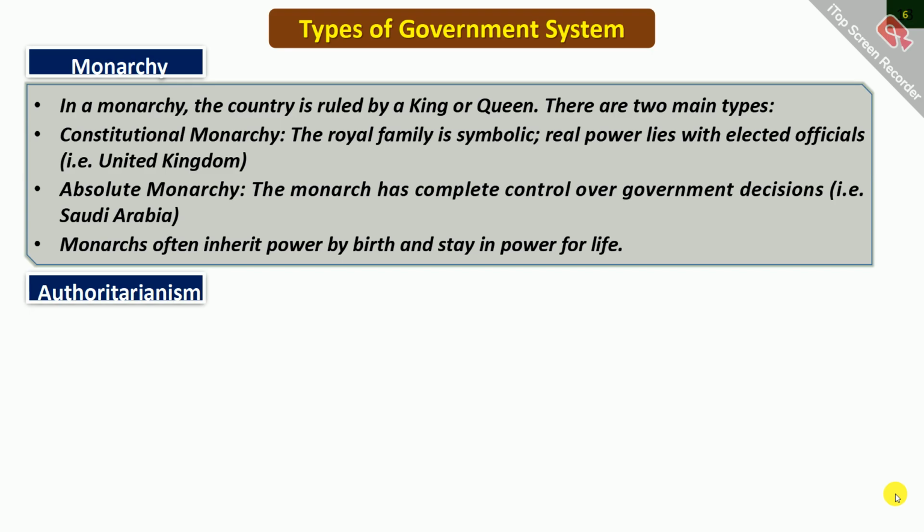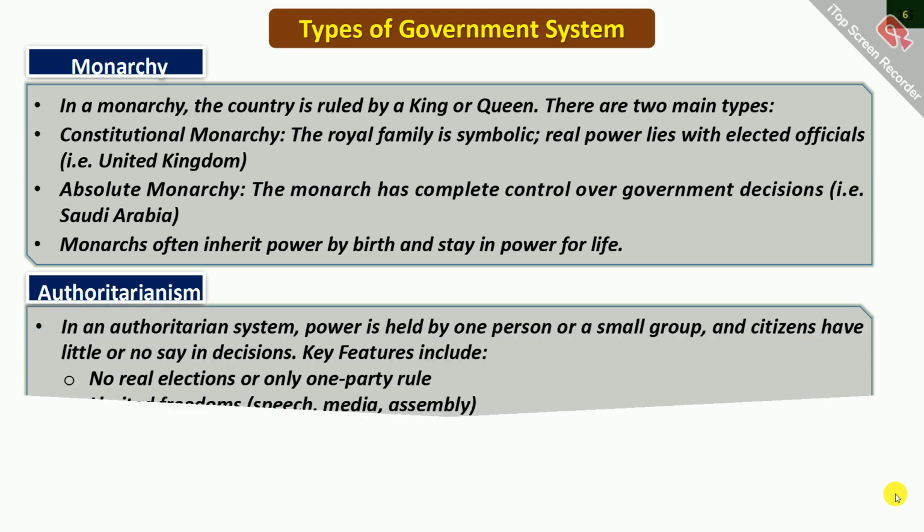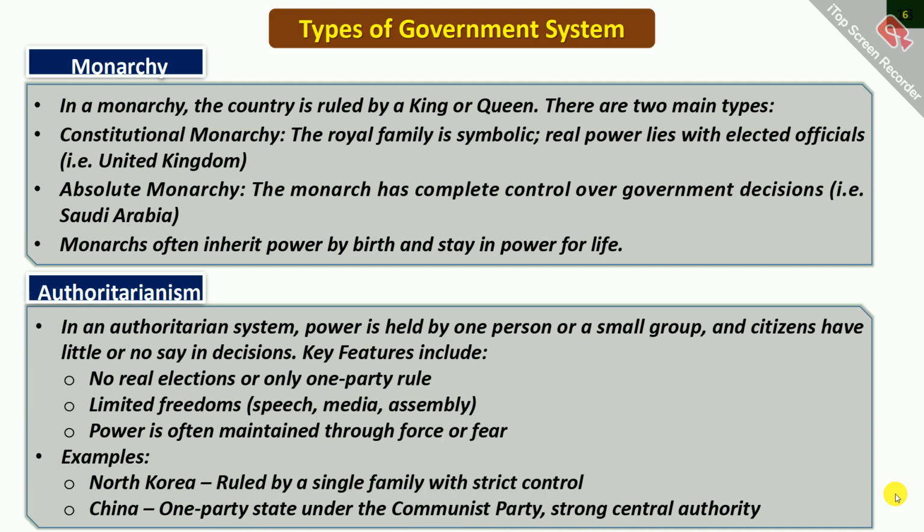Then another type of government system is authoritarianism. In an authoritarian system, power is held by one person or a small group. Citizens have little or no say in decisions, and the key features of authoritarianism include no real elections or only one party rule, limited freedoms of speech, media, and assembly.